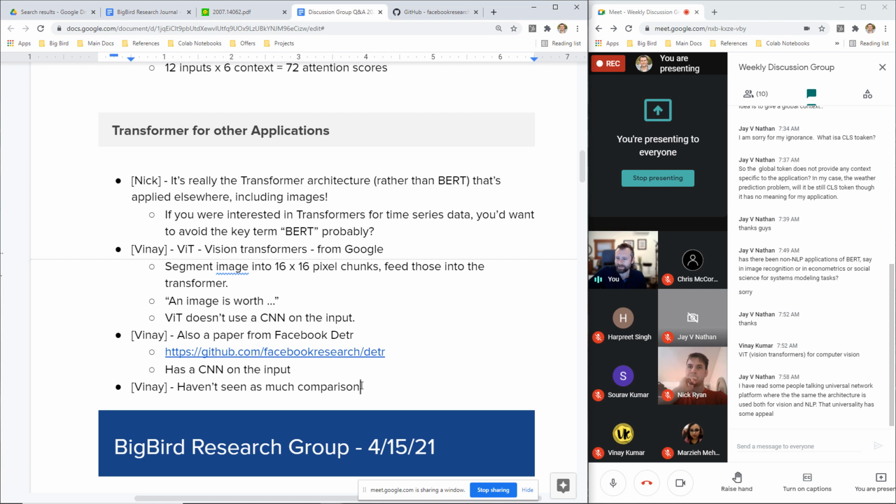Cool. Right, so next week I think will be some kind of hands-on with BigBird, coding with it and trying to apply it to some examples.